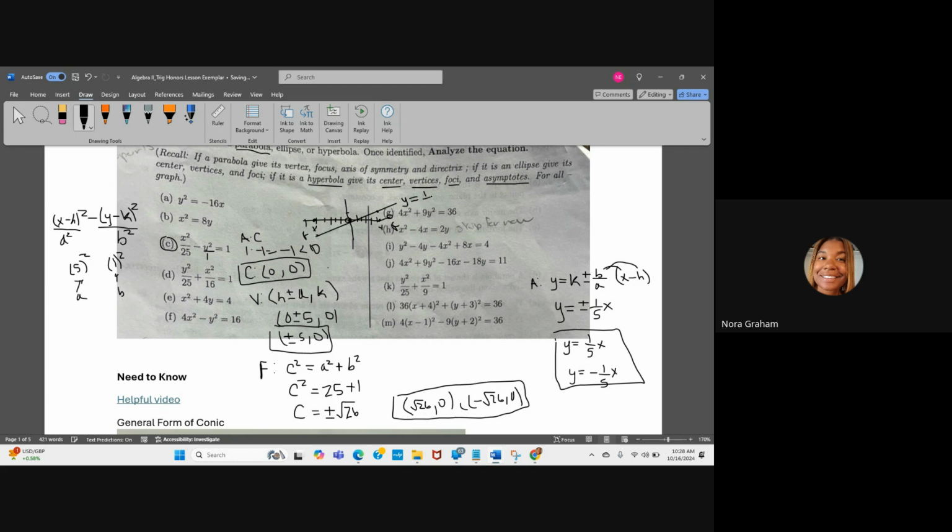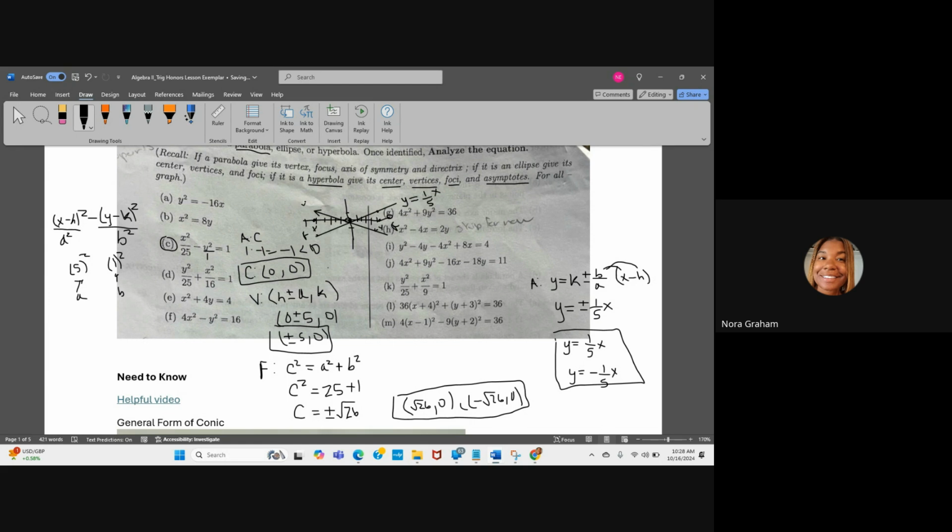Hopefully your teachers give you graphing paper so you can see it a little bit clearer. Now I have to graph this one. That's negative 1 over 5. I can do rise over run again. So go down 1, run over 5. That's here. Or I can go up 1, run over 5. That's right here. So that's kind of what my asymptotes are going to look like.